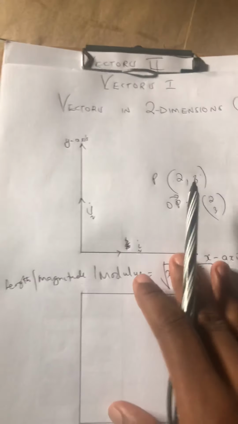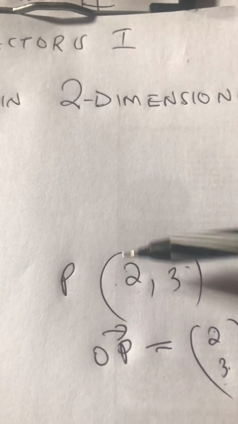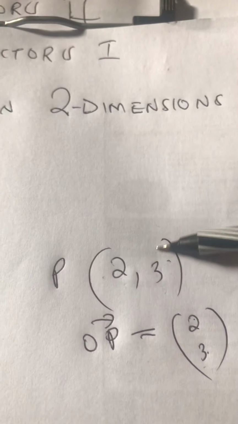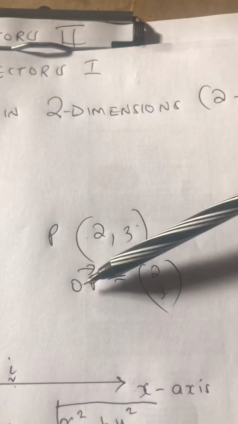Now vectors in 2 dimensions, under vectors 1 tulikuwa tunachorewa Cartesian plane iko na the x-axis and the y-axis peke yake, and as you can see the points were showing the value in x-axis and the value in the y-axis, and from there we could write a column vector.